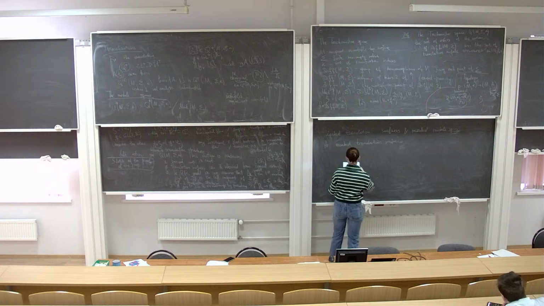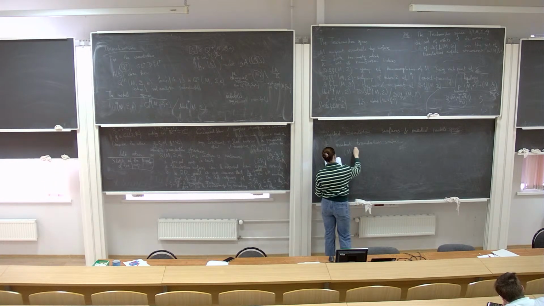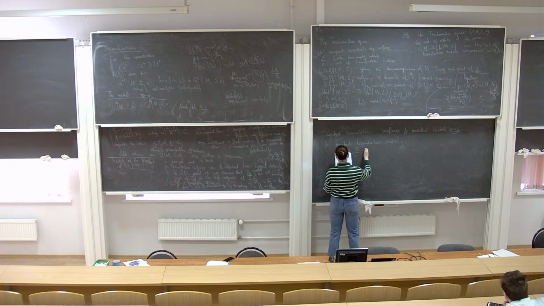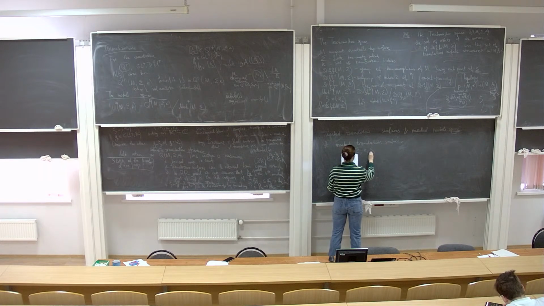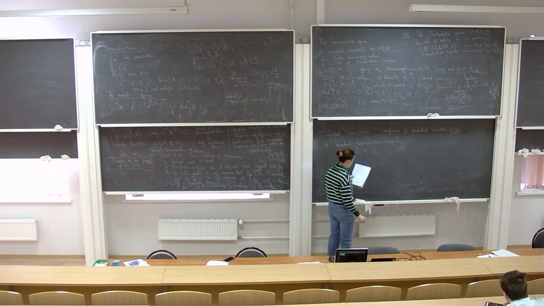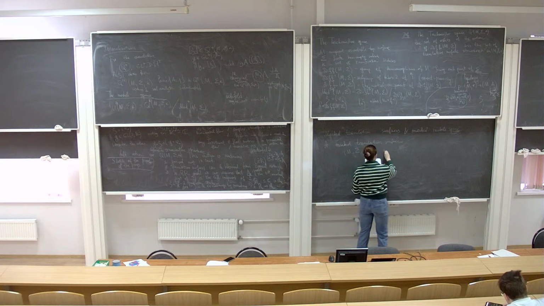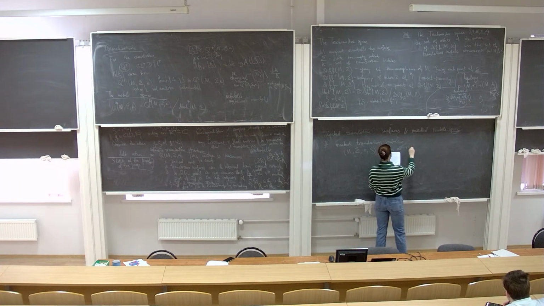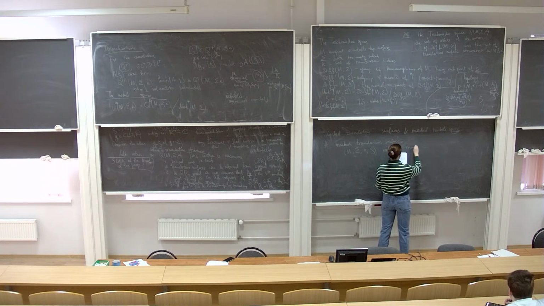So we say that we still fix m, sigma, kappa, but also we fix zeta, the translation structure, because it will be responsible for the outgoing horizontal separatrix.